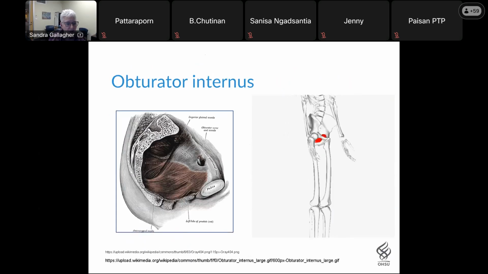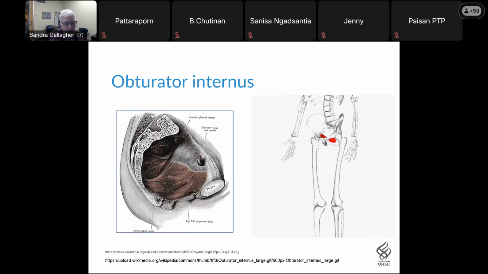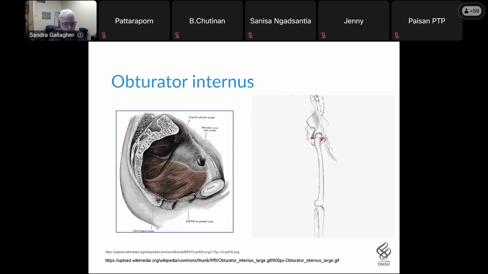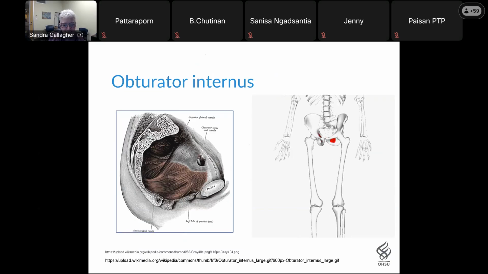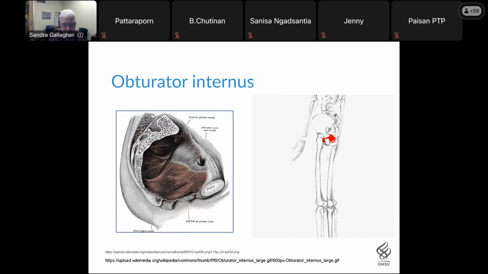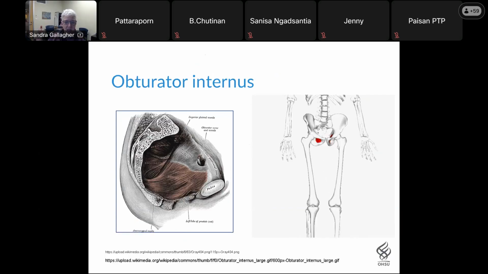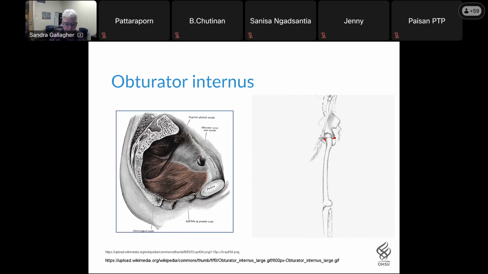And this illustration is showing how it is the attachment point of the levator ani or pelvic floor muscle group. And that is, again, just a different view showing how it originates in the inside of the pelvis and then goes onto the greater trochanter through the outside.